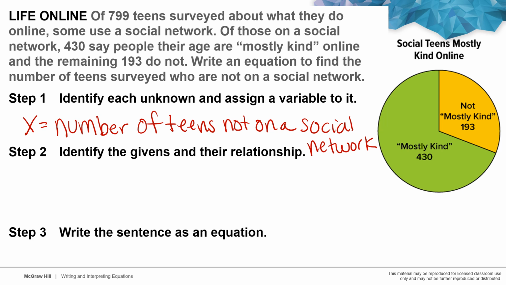Next, we want to figure out what do we know? So we want to identify what they gave us that we already know that's not an unknown. There's a few different things they give us. What's one thing they give us that we already know? Yeah, the amount of teens surveyed, which was 799. So we know that 799 teens were surveyed.